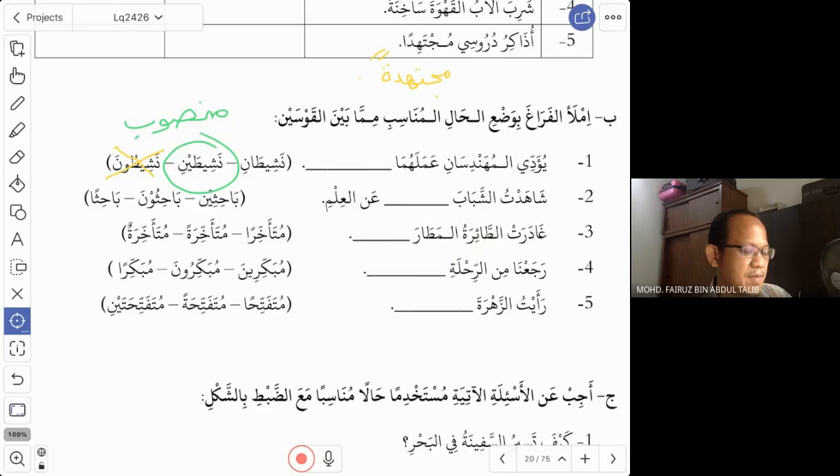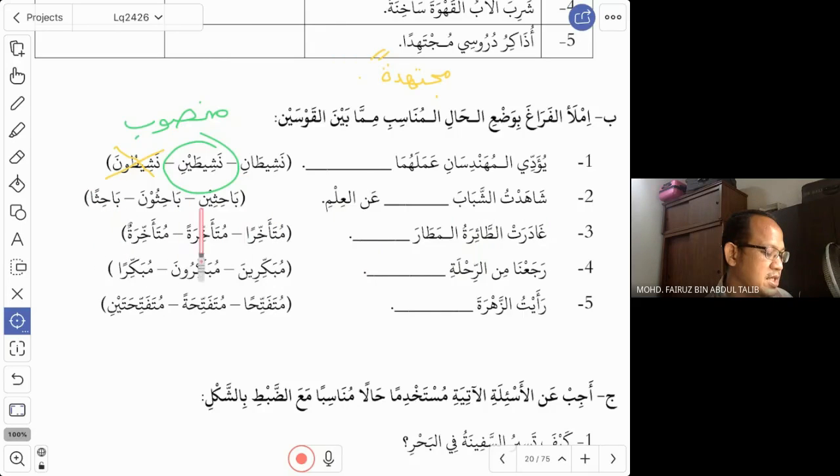The meaning of shabab is those who are 15 years old until 40 years old. So these are called the shabab, from 15 to 40. So syahadtu syababa anil ilmi. Anil ilmi here is related to this word bahis.